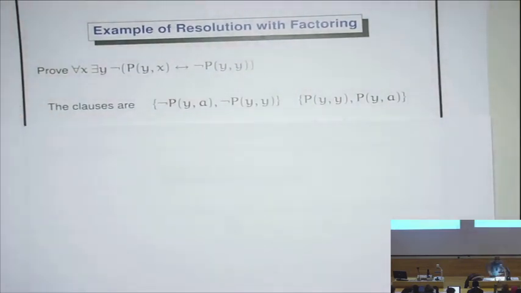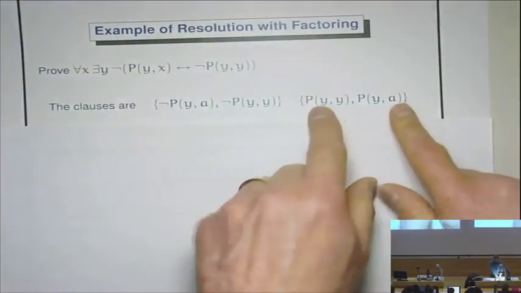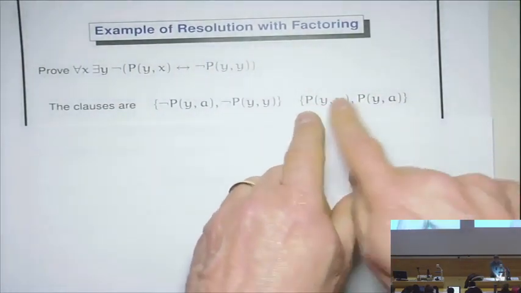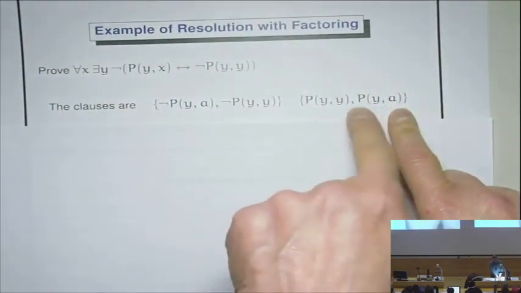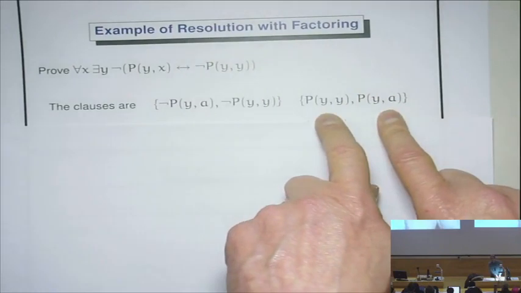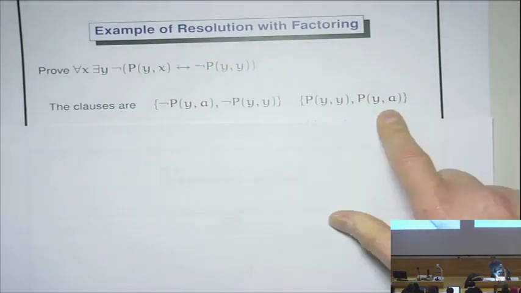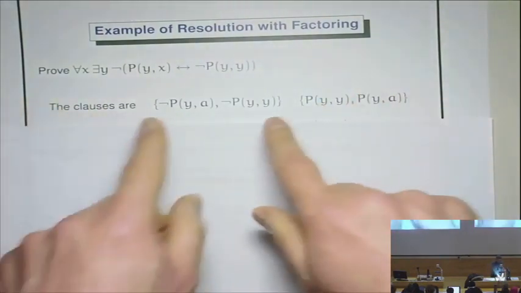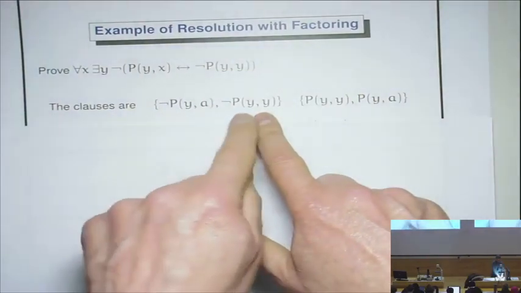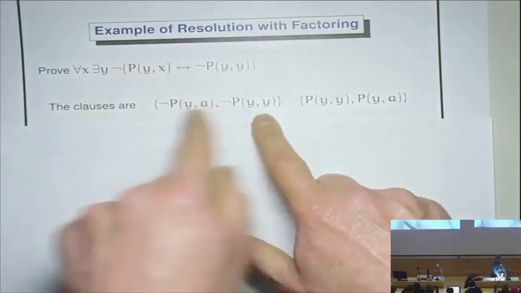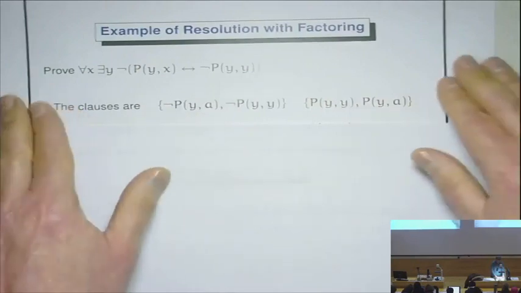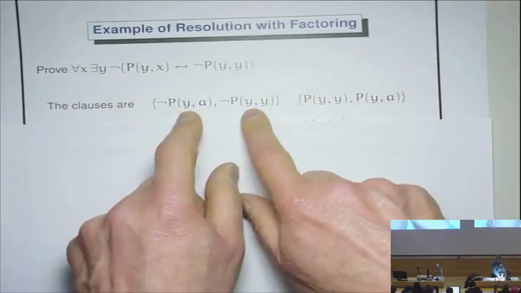So what about here? Well, here we see two opportunities for factoring. These two literals are the same, right? It's very clear that if I plug in A instead of Y, it becomes a unit clause. Here, the same thing. If I plug in A instead of Y, and by the way, these Y's again have separate scope, although it turns out we're plugging in the same thing for them anyway.